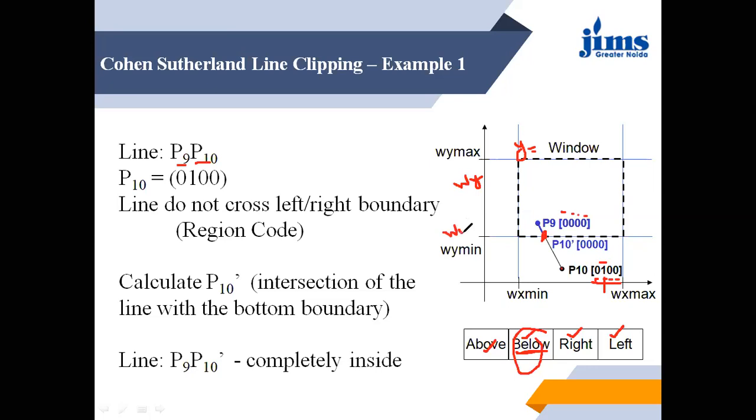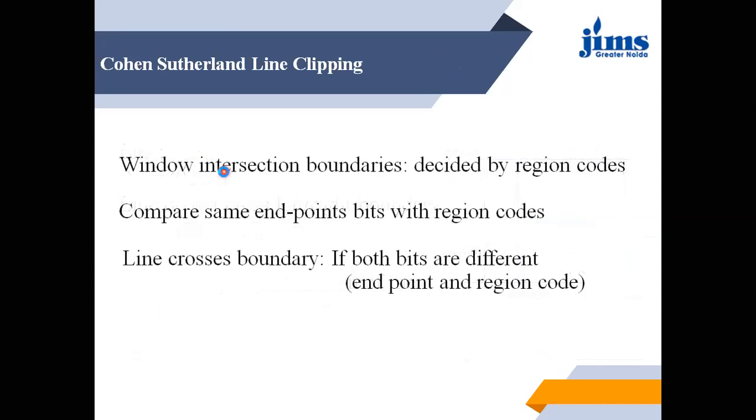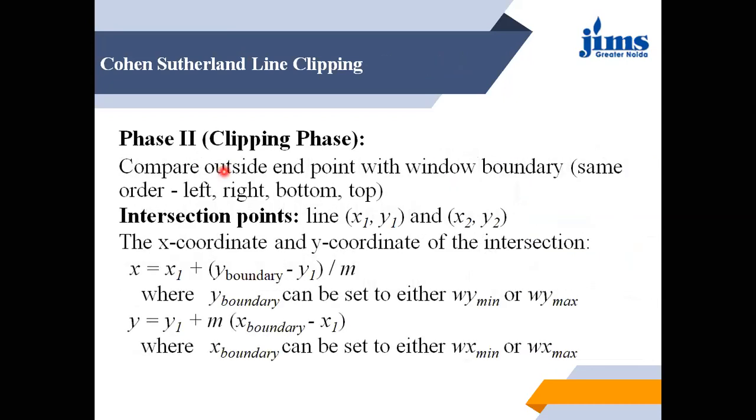When we know one value, then it's easy for us to find the second coordinate of the line, and it can be found by the equation x equals x1 plus (y boundary minus y1) divided by m.